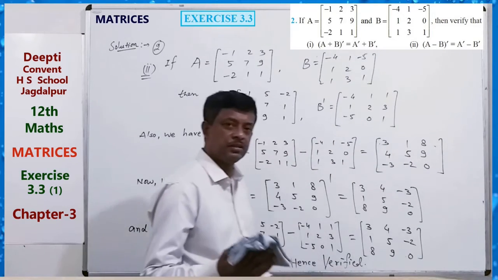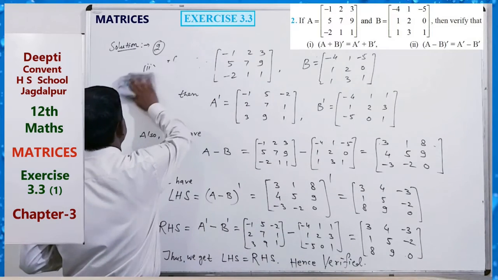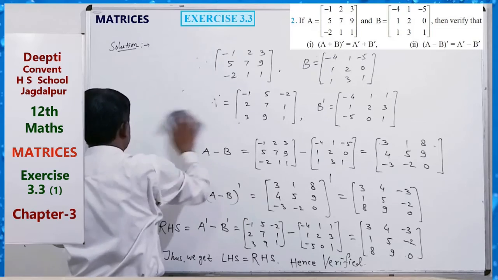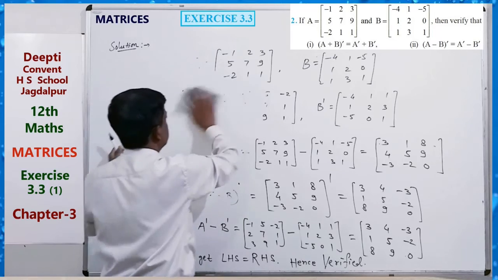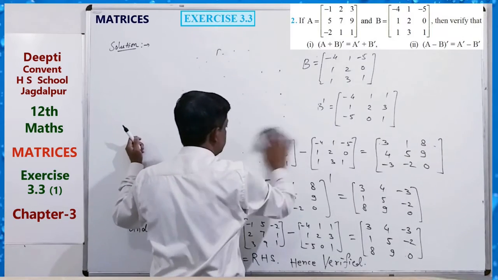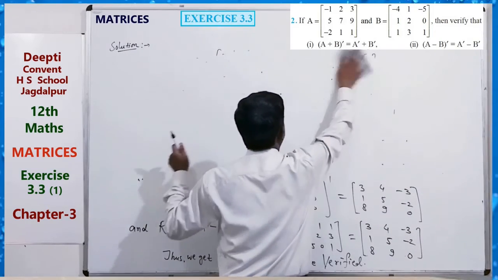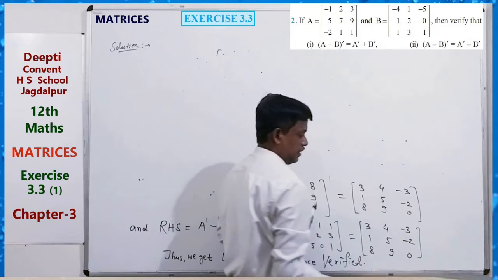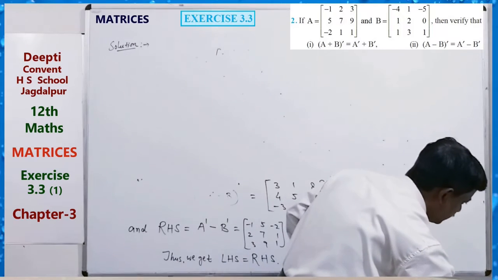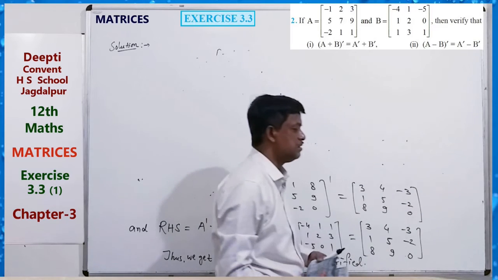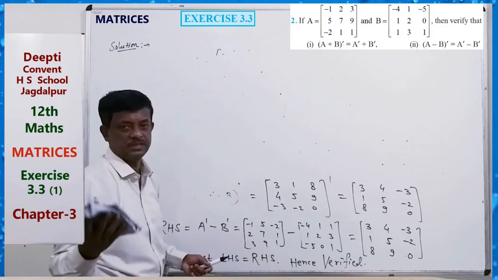Now take question 3. For question 3, it is given that A dash and B are given, and we have to verify the same result.